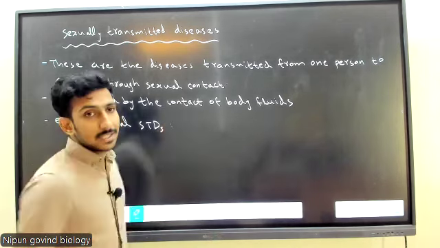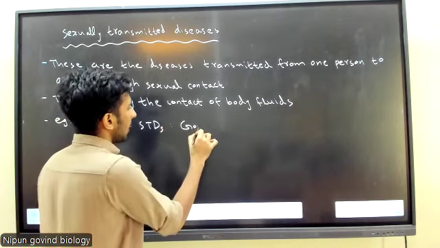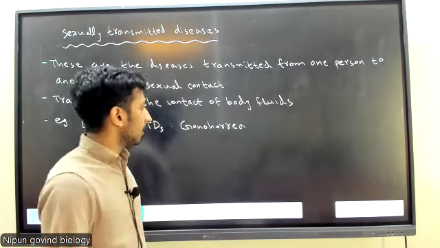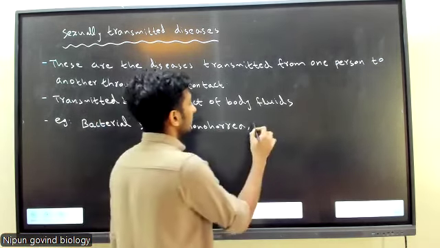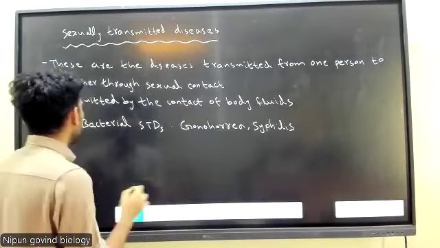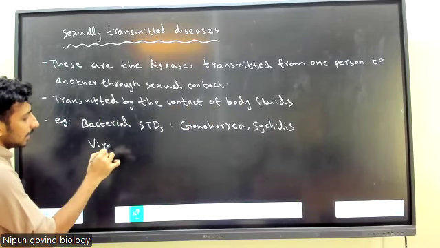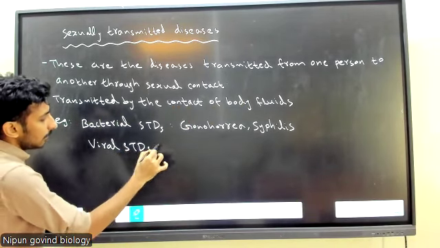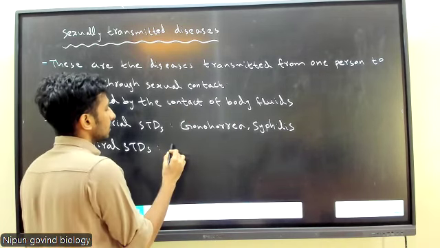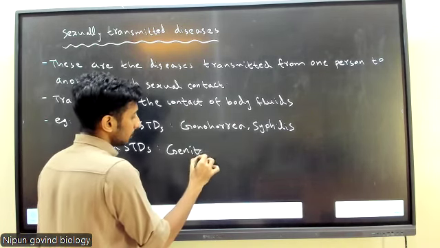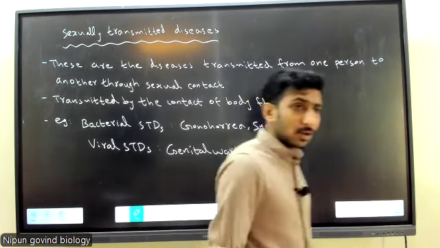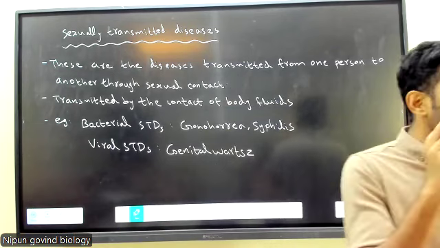Bacterial sexually transmitted diseases are gonorrhea, and syphilis, and viral STDs. One is genital warts. Genital warts is not a genetical disorder. Genital warts means the warts.